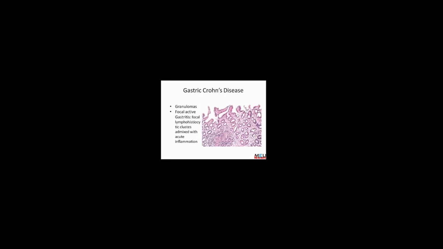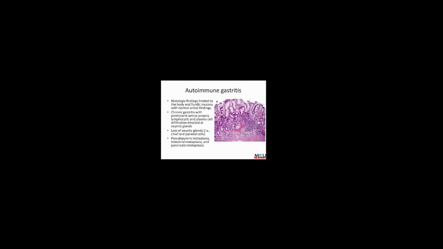We can see granulomas, focal active gastritis, and focal lymphohistiocytic clusters admixed with acute inflammation. Autoimmune gastritis occurs when the histological findings are limited to the body and fundic mucosa with normal antral findings.